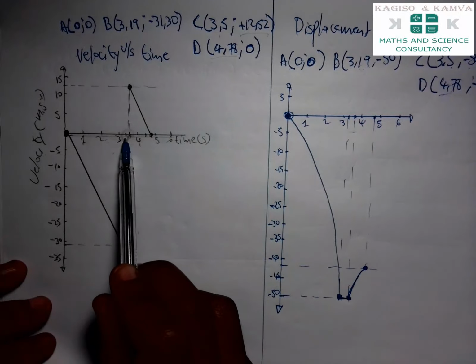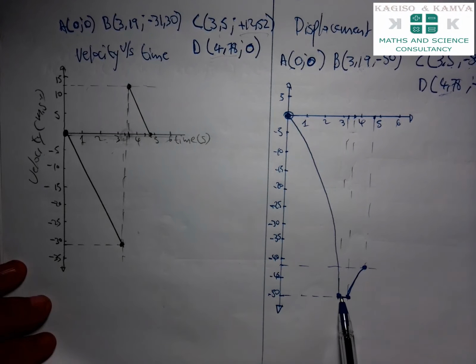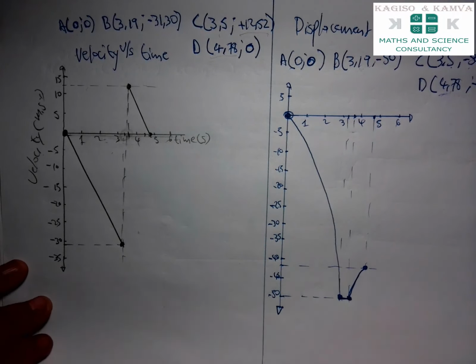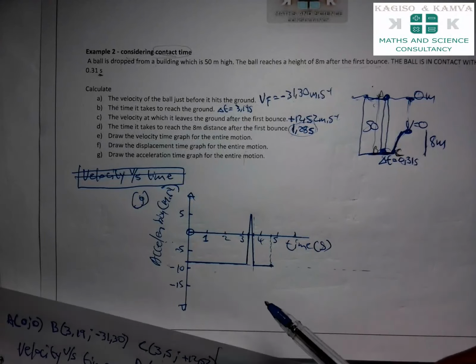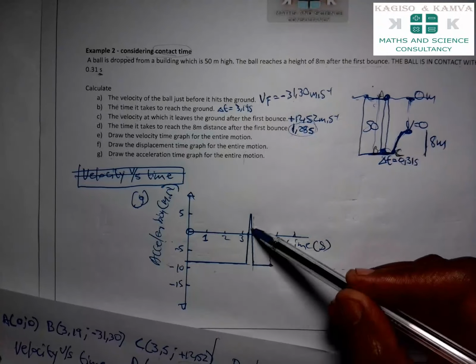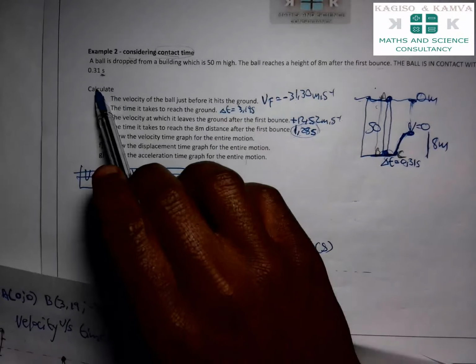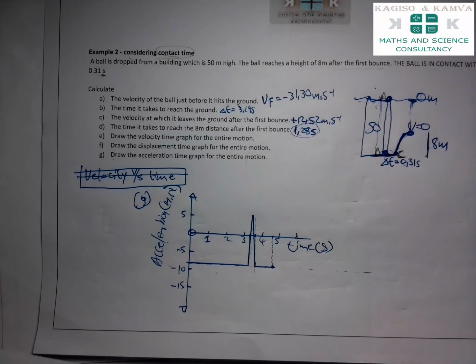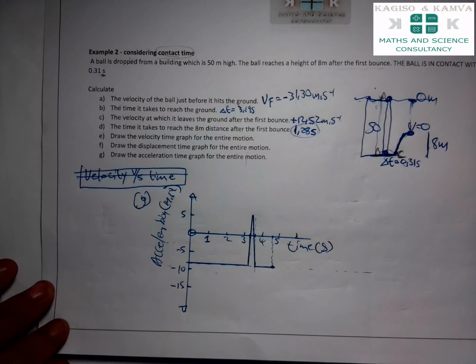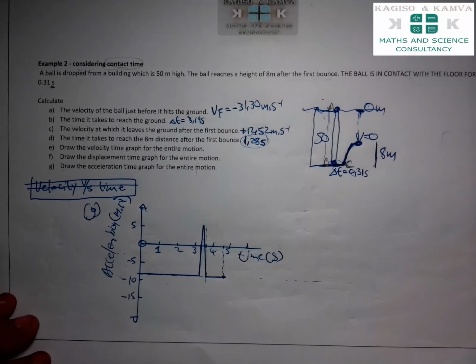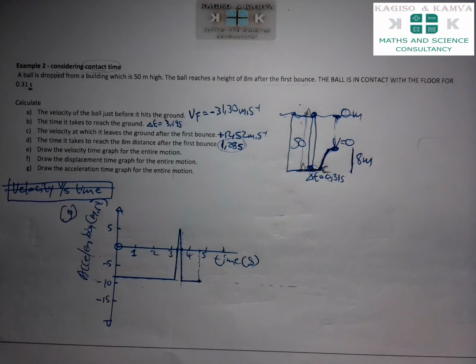You can see the contact time there, and also there is a contact time here, which is 0.3131 seconds. So good people, I hope you understand and you enjoyed this lesson. That will be the end of this lesson. Thank you.